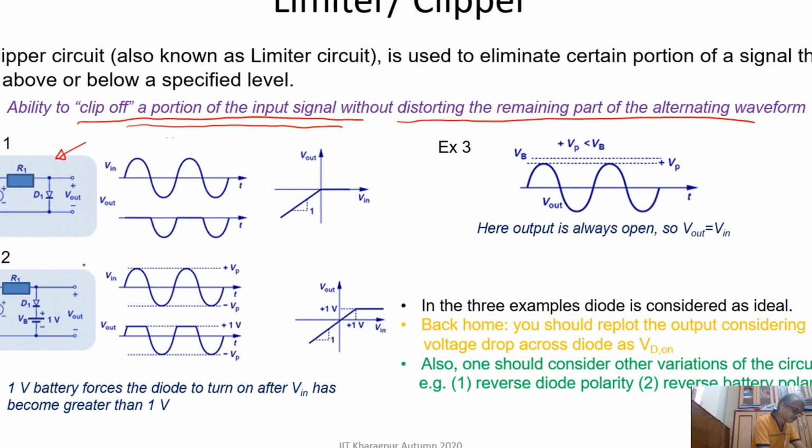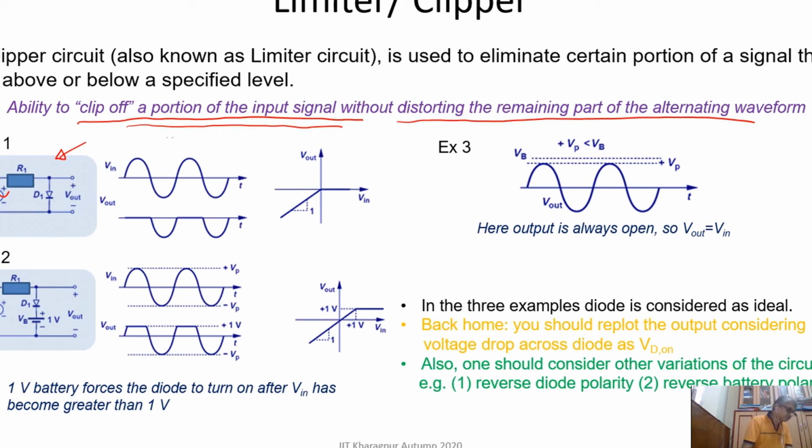This is a very simple limiter circuit. This example we have seen before, I think in our first diode circuit class. Here we have an input AC signal, a sinusoidal signal, a resistance R1 and a diode D1. We are assuming this is an ideal diode, so we are not bothered about considering V gamma or VD on.